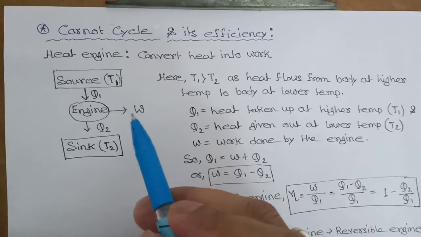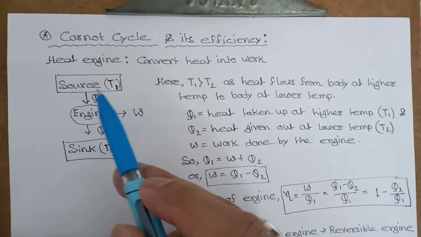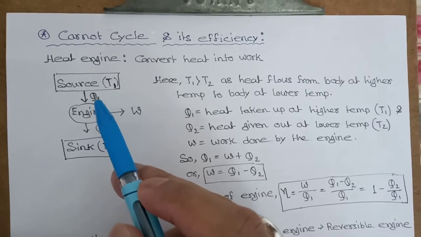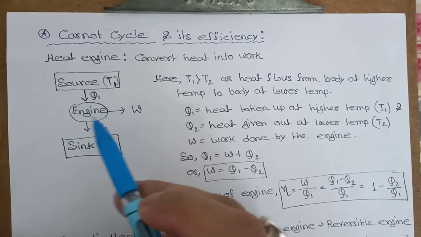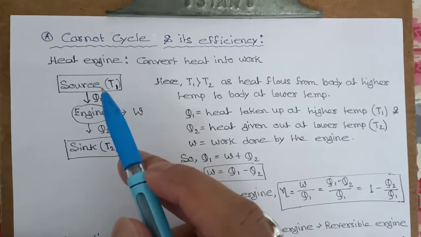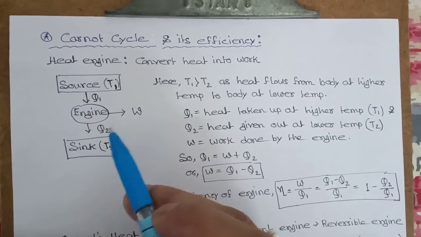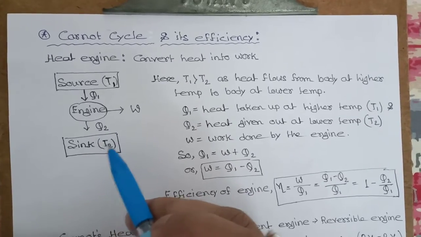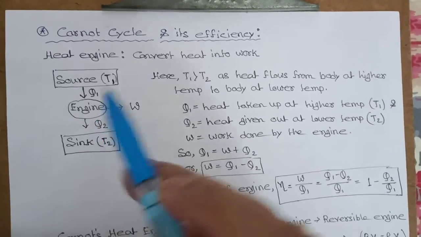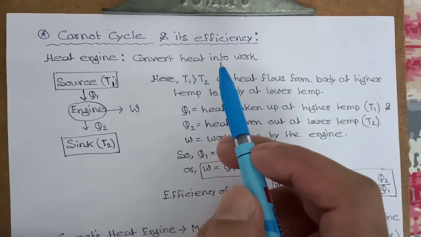To have some work W, heat Q1 must be supplied to the system or engine from the source at temperature T1, and some heat Q2 must be rejected to the sink at temperature T2 by the engine. A heat engine converts heat into work.